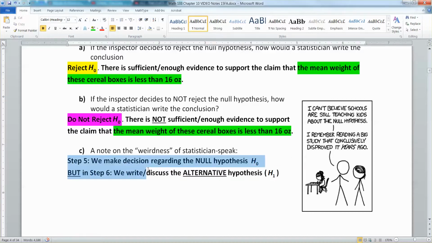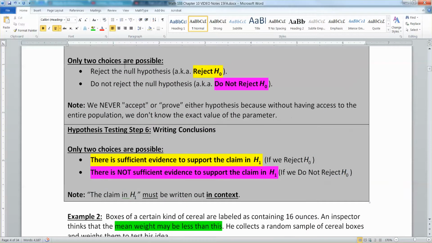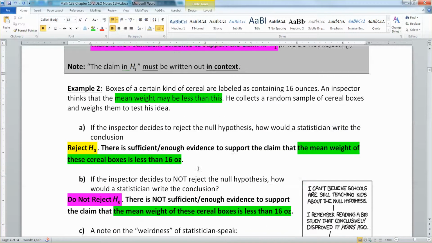So it's kind of strange. Step 5 is always about the null, H0, and step 6 is always about the alternative. But as long as you follow the little structure we have up here, where the yellow one goes with the yellow one and the pink one goes with the pink one, you'll never go wrong.